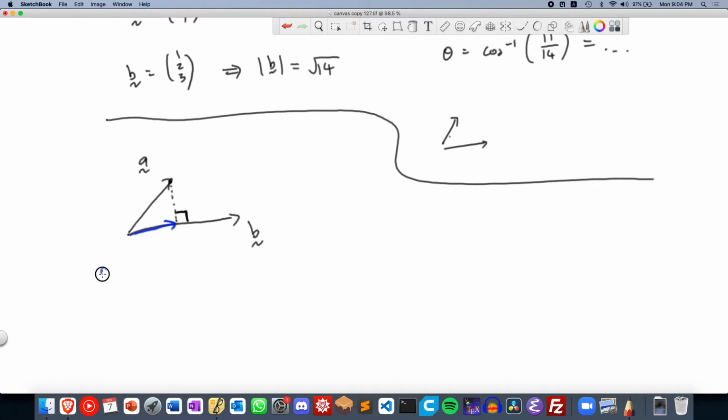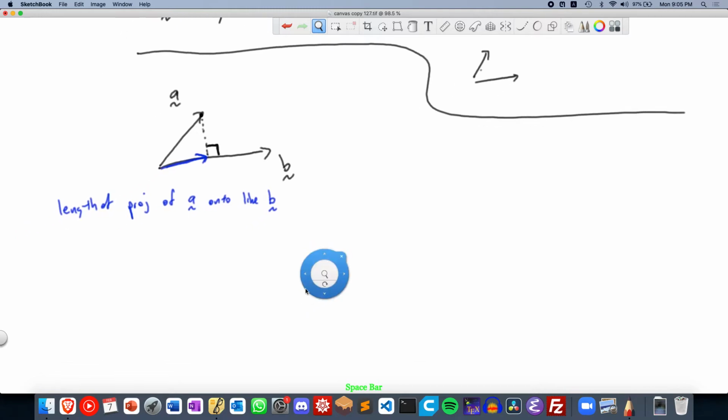This is sometimes said as the length of projection of A onto line B. Sometimes you say the line, sometimes you don't. So what's the length of projection?